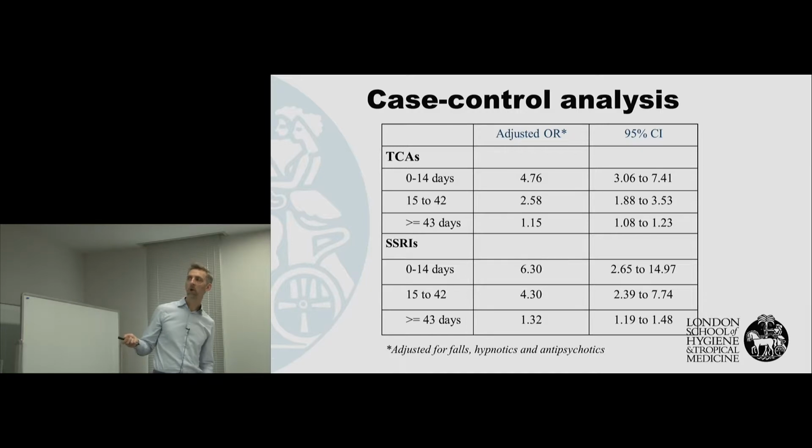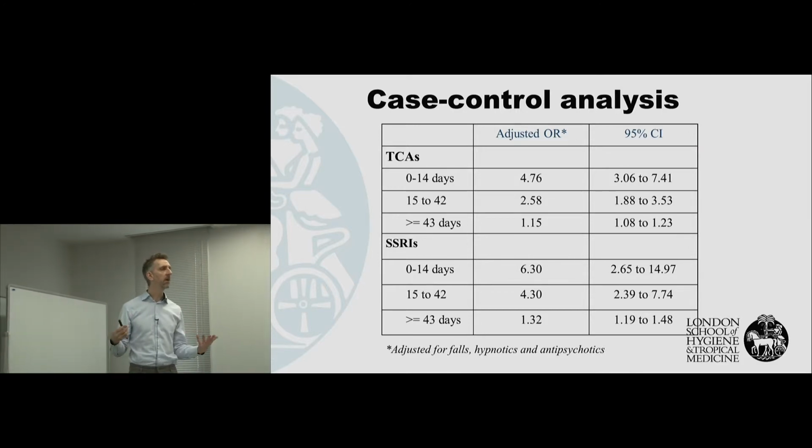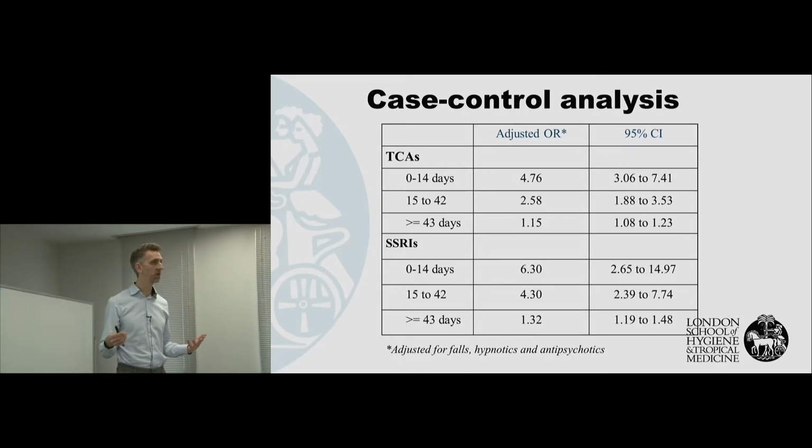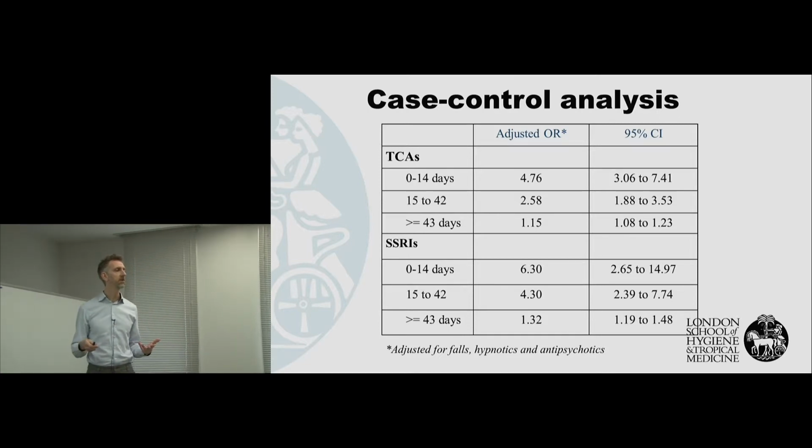As time goes on, from 15 to 42 days and over 43 days, this estimate of a harmful association returns towards 1. So it seems that the risk is increased, especially at the start of treatment, and potentially it's worse for the SSRIs than the tricyclics. So that's the case control results.